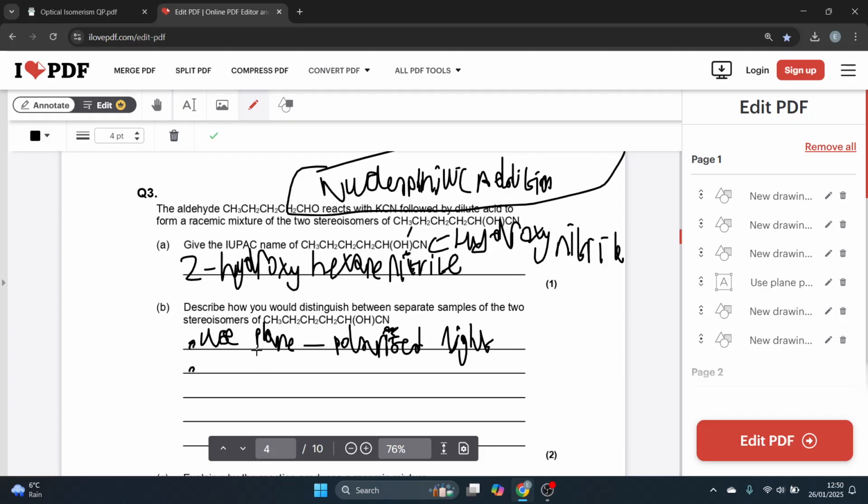Use plane polarized light, and what would happen is the enantiomers would rotate light in opposite directions.